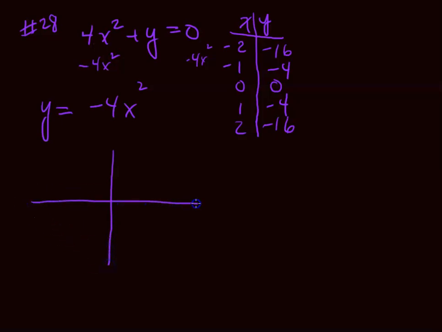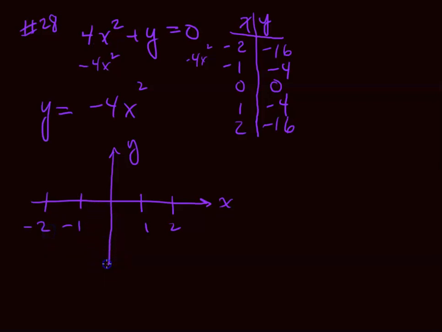Here's the x and y axis. Now, the reason I don't label this usually with just single marks is that I looked this up and this is going to be a -16. For the x's, it's not bad. It's just 1 and 2, and -1 and -2.